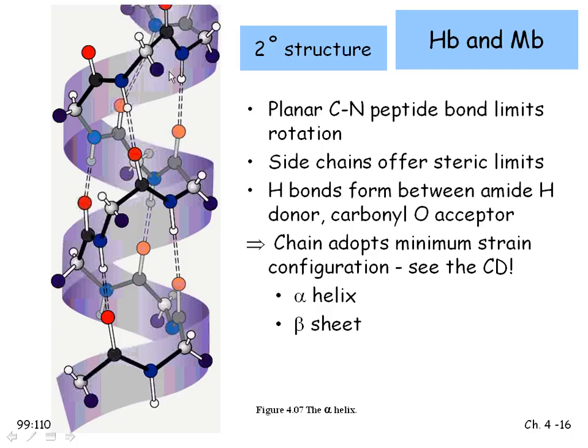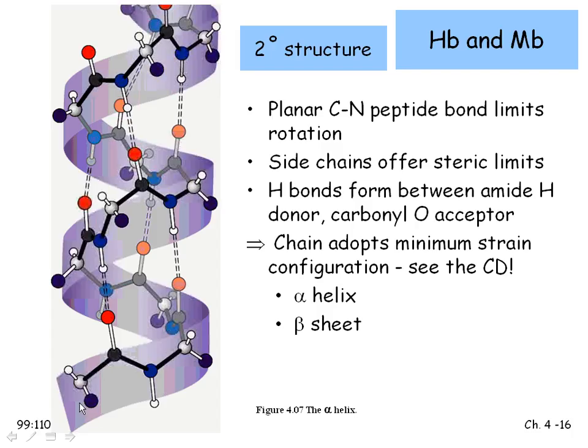They're going to be capable of making hydrogen bonds within the overall polypeptide. The peptide bonds themselves are fairly planar, so they limit the possible rotation. And then of the rotations that are permitted, the local order arises because of the hydrogen bonds forming between the carbonyl oxygen and the amide nitrogen.